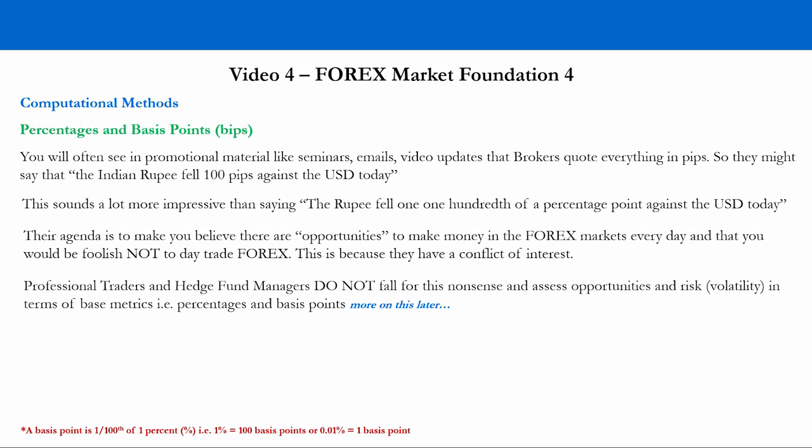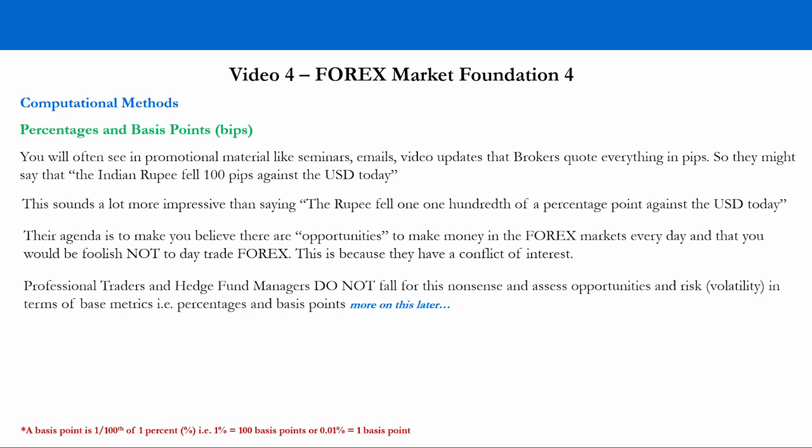So the unit size of Forex pairs in the currency markets is calculated in pips, but do not make the mistake and fall into the trap of thinking that opportunities and risk should be calculated in pips. That's extremely amateur, and it's what all retail brokers and retail educators who are in bed with the brokers, who have contracts with them where they get a rebate on commission and volumes, want you to believe, because they have an agenda.